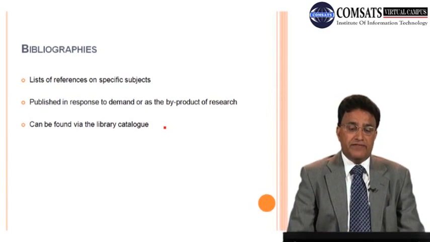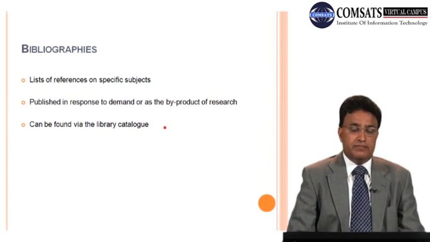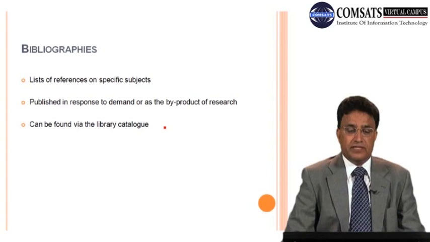Then there are the bibliographies, and in the bibliographies you have lists of references on specific subjects. Some bibliographies are published as a side product when a research is completed, and the references used can be separately published on that one area or topic, which could be used by other researchers, and that is kept in the form of bibliographies.